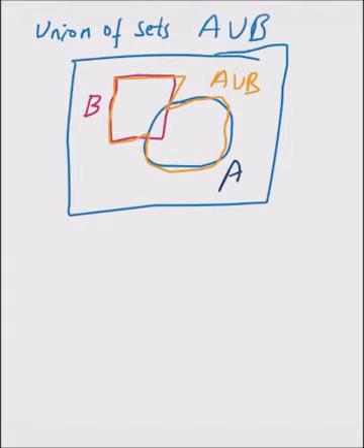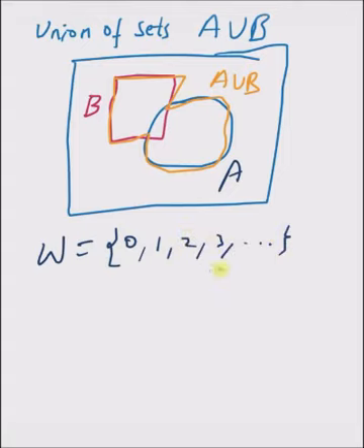So a good example for union of sets is the combination or union of the set of whole numbers with the set of negative integers, which is represented by Z minus, which consists of basically the numbers from minus infinity to minus 1.